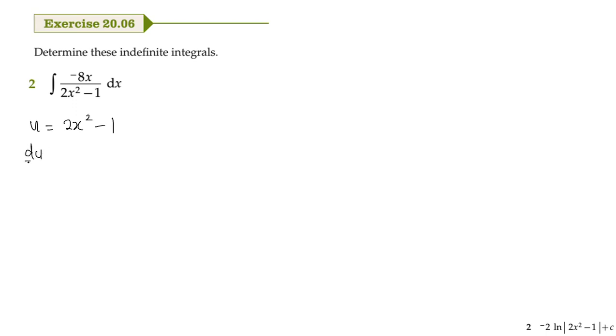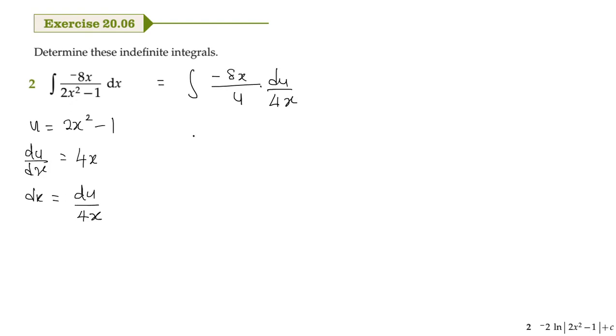So from here you differentiate. What we have is 4x, and again take the dx as a subject, so therefore you will have du over 4x. Okay, now you have everything. So substitute this function: negative 8x divided by u, and dx becomes du over 4x.